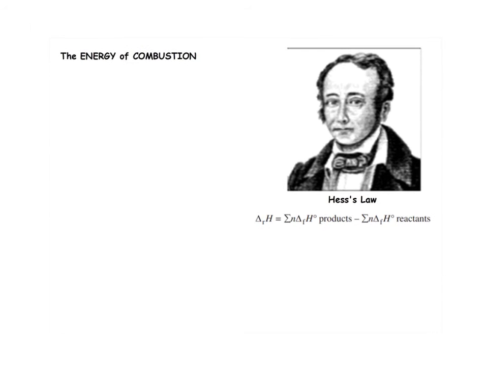This week our focus is going to be on the energy of combustion, and we do have this formula in our data booklet, which is called Hess's law. So in a reaction, we can have exothermic or endothermic reactions, but theoretically, when we look at methane, which is CH4, we know that in a combustion reaction we're reacting that with oxygen.